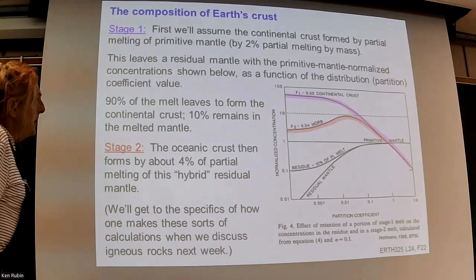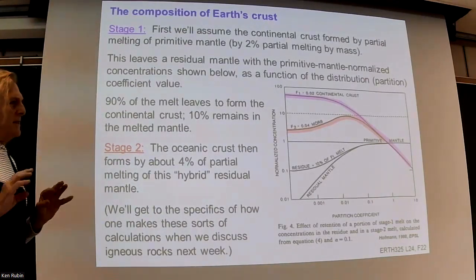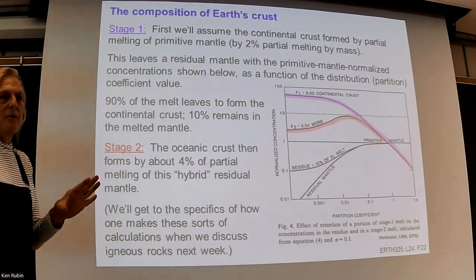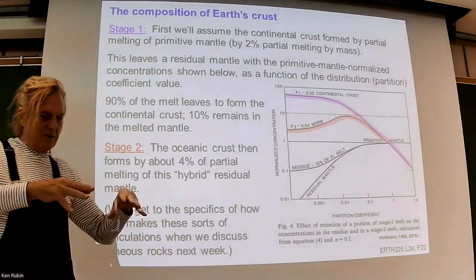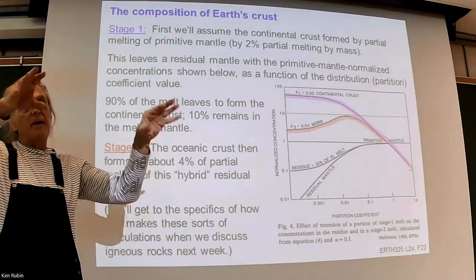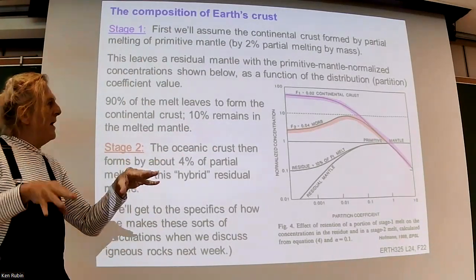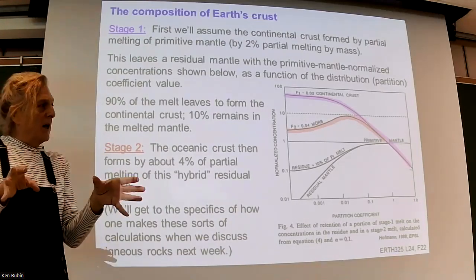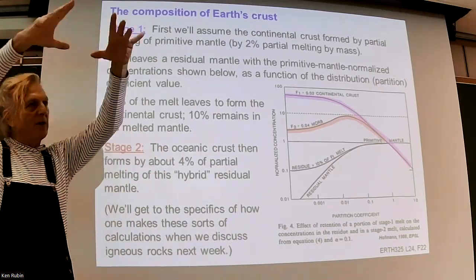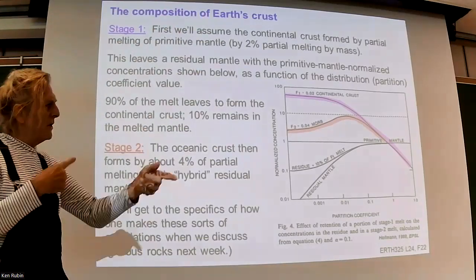So this gives us the idea that the simplest way you can think about mantle is we make the Earth, we accrete it, we suck out some core, and then we've got this thing that we call the primitive mantle, which is the pyrolite model. And then we start making crust. We start sucking stuff off, and the continental-style crust is light enough that it floats up on top, and it's kind of hard to resubduct.